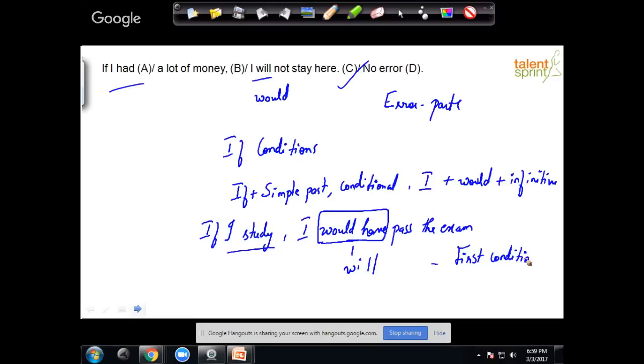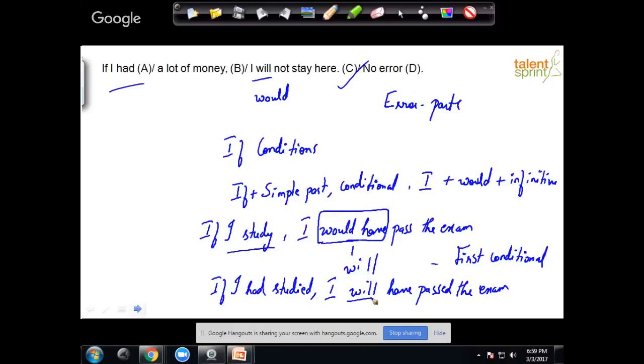So any errors pertaining to if conditionals, you need to be thorough with. If I had studied, third conditional, I will have passed the exam. You immediately know this is incorrect. It has to be would have passed.